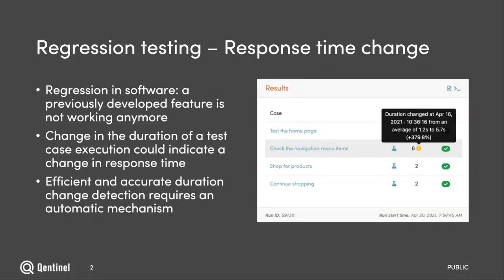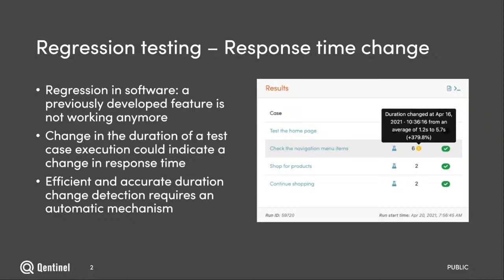Regression testing aims to detect when a previously developed feature is not working anymore. Let's imagine we have a regression test suite with multiple test cases. What if a test case that is testing a business-critical functionality of an application, say for instance login functionality, suddenly takes twice the time to execute?